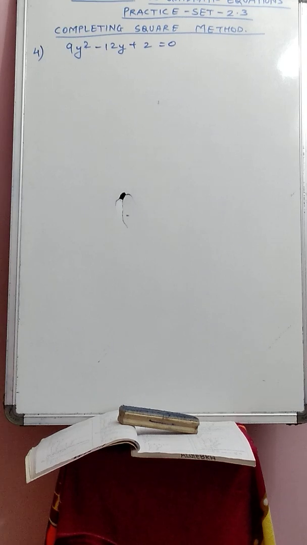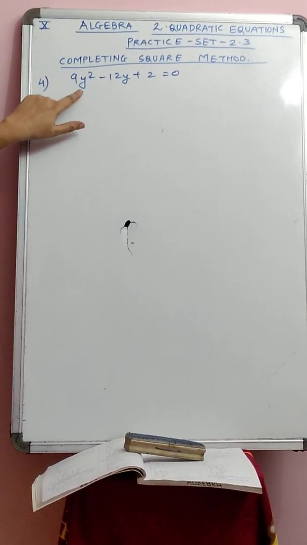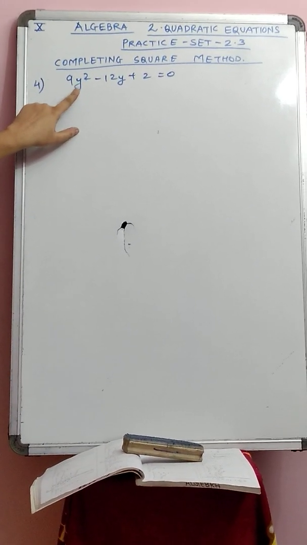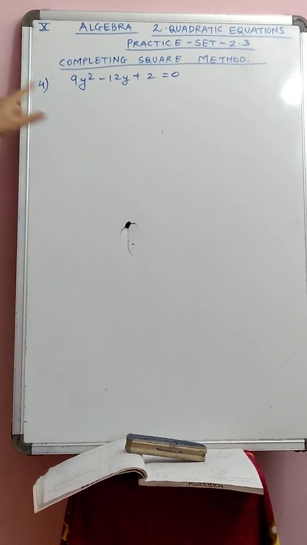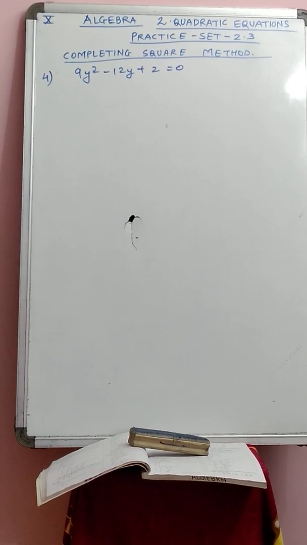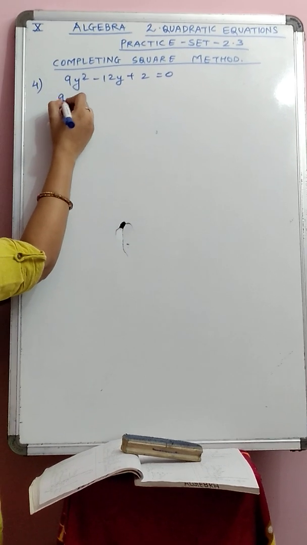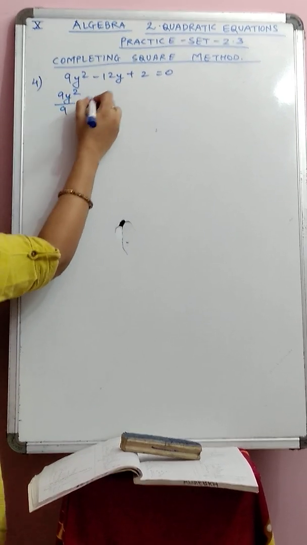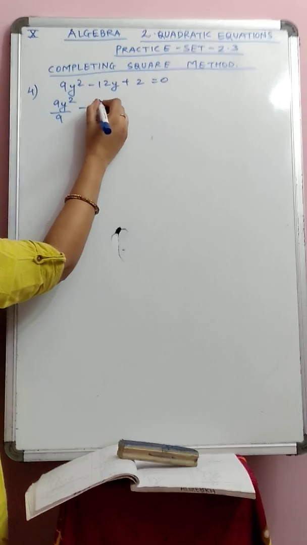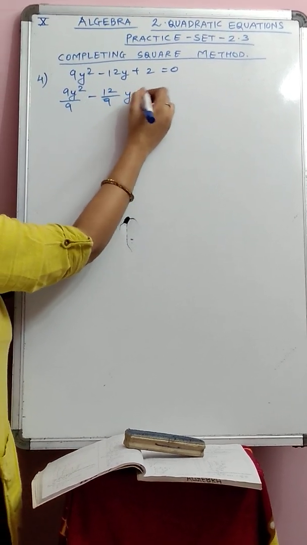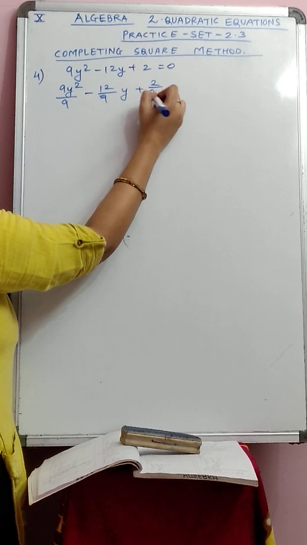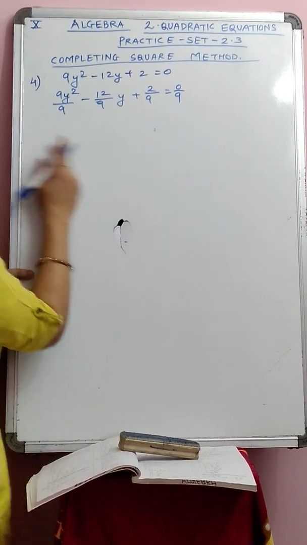First of all, in the first statement, there is a coefficient with y square. So first we have to divide the whole equation by 9. Otherwise we can't find it. Okay. Did you understand?